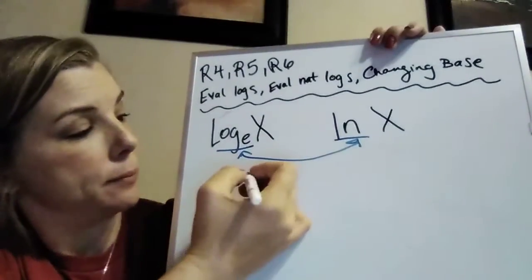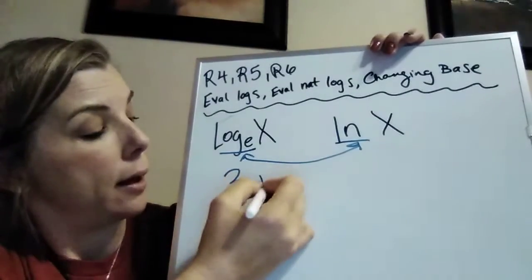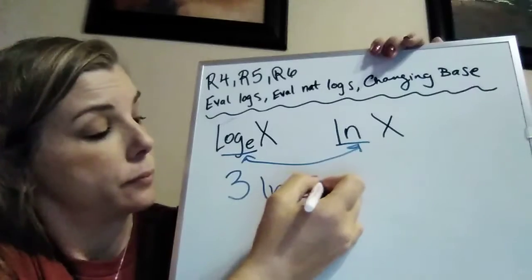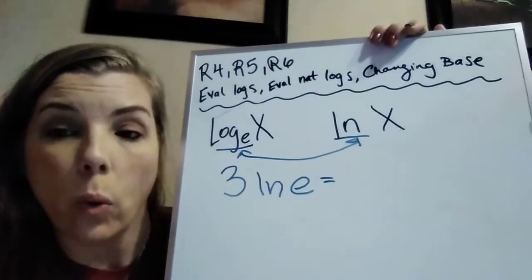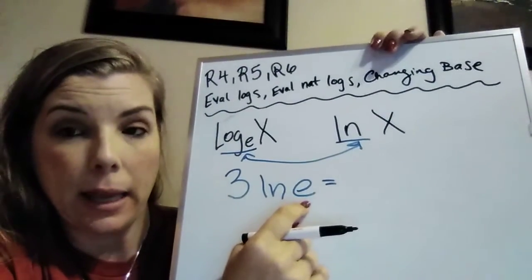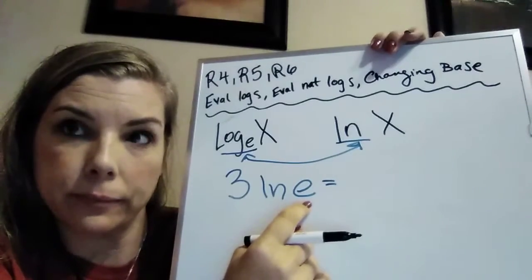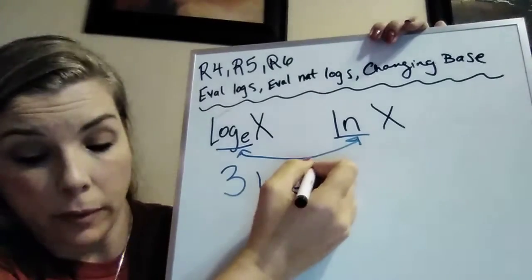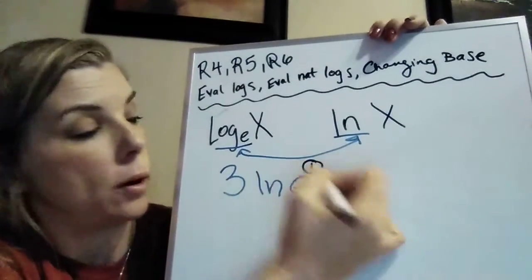Okay, but for example, if you have 3 ln to your exponent, okay, this is what your problem looks like. When the e doesn't have an exponent, like right here, there's nothing there, we're going to assume that it's 1.